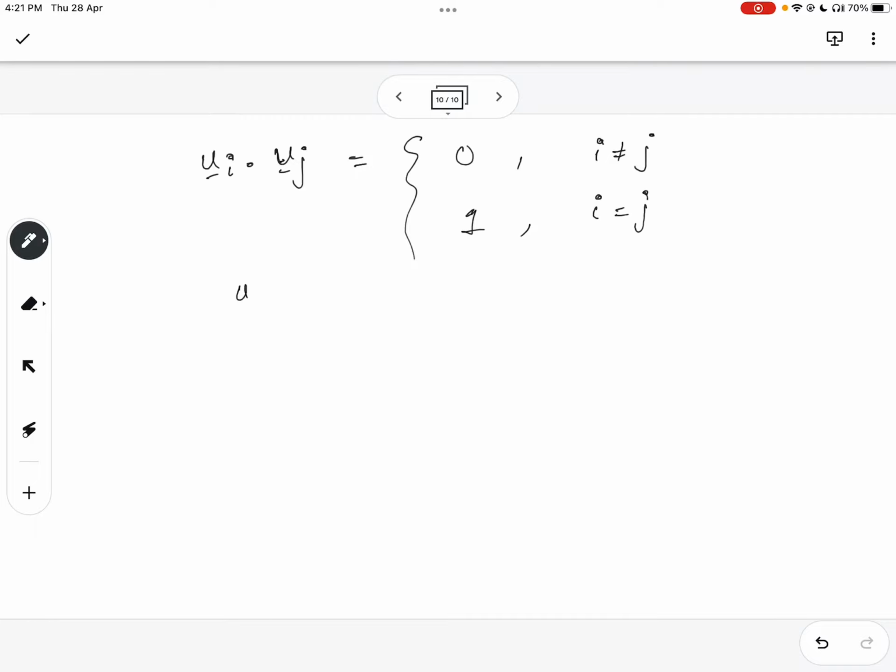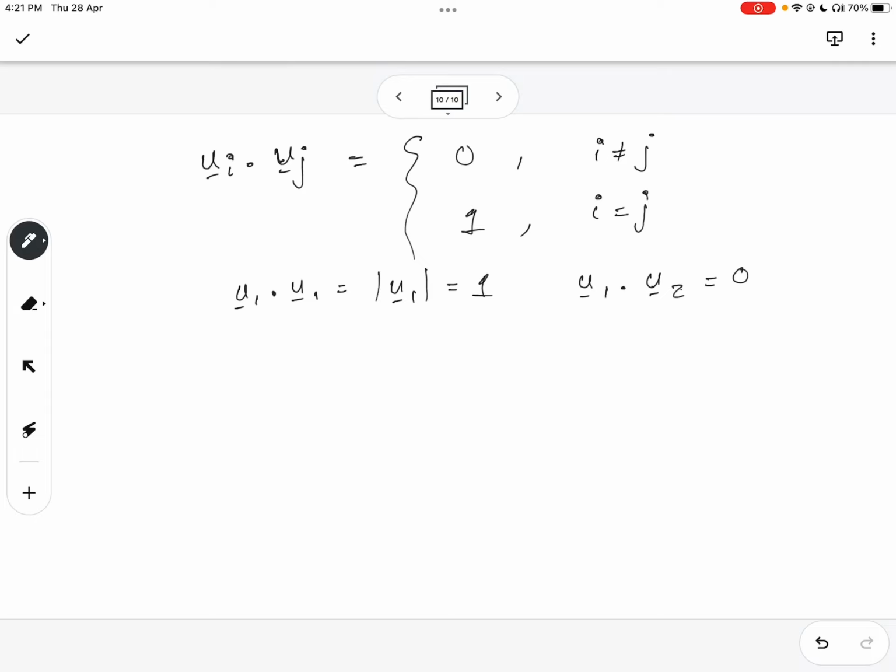That is, say for example, u1 dot u1 is equal to norm of u1, which should be 1, but u1 dot u2 is 0. These two vectors are orthogonal.